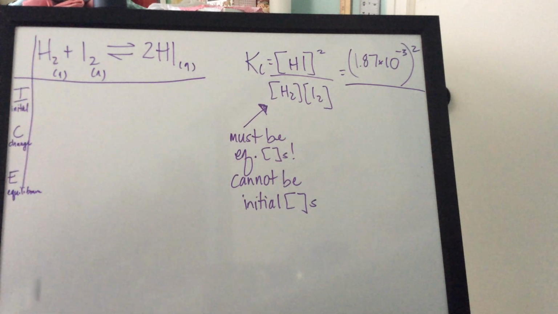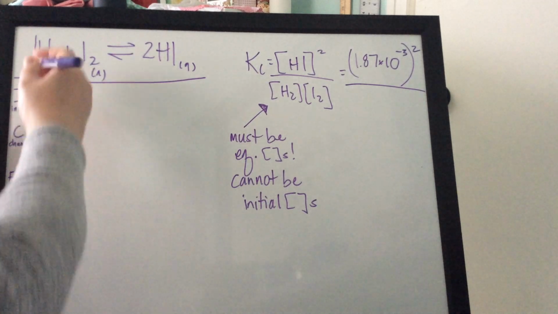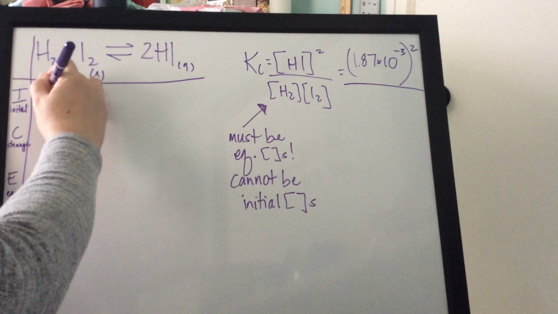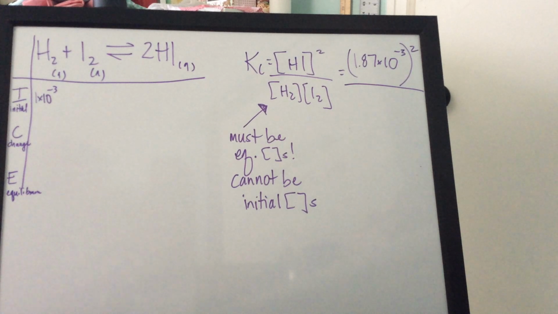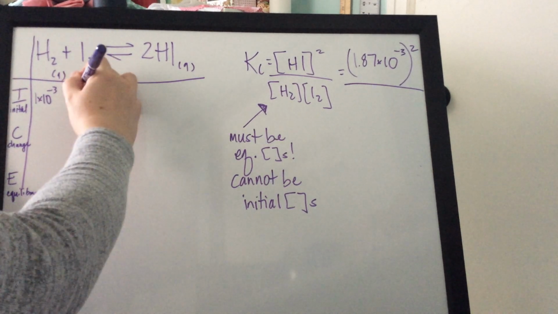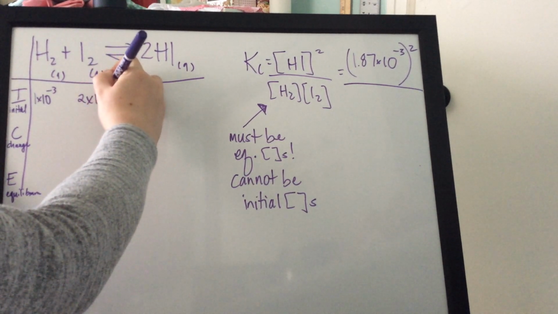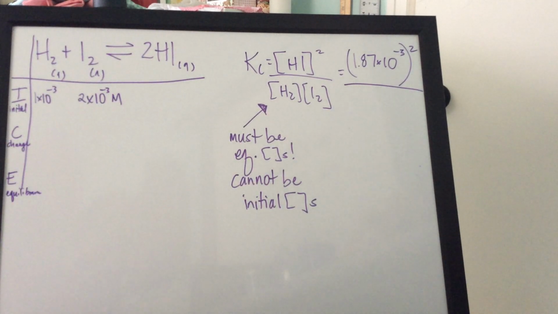It's kind of like a grid, and I'm going to set up what I know. So I know this problem said initially I had 1 times 10 to the negative 3rd molar H2. And I dropped some sig figs, I know, but I can't fit them all in here. And I had 2 times 10 to the negative 3 molar I2. Okay.